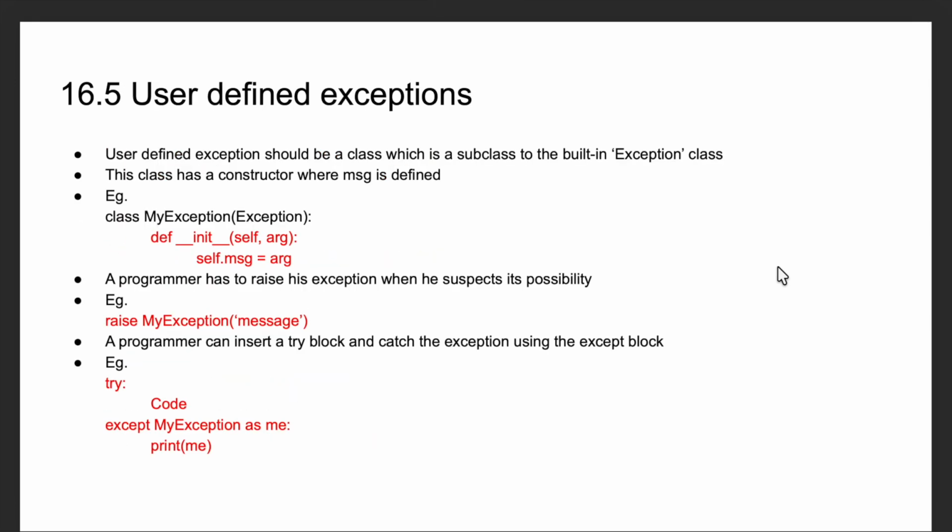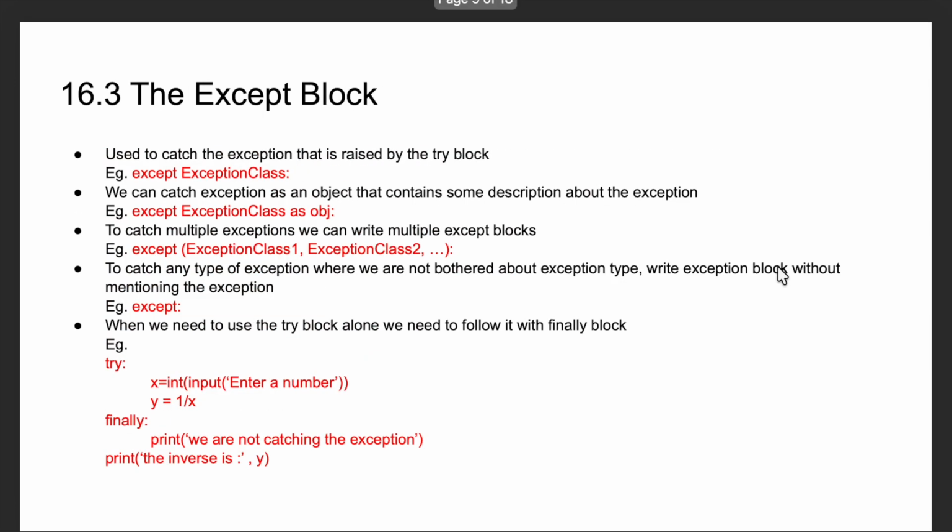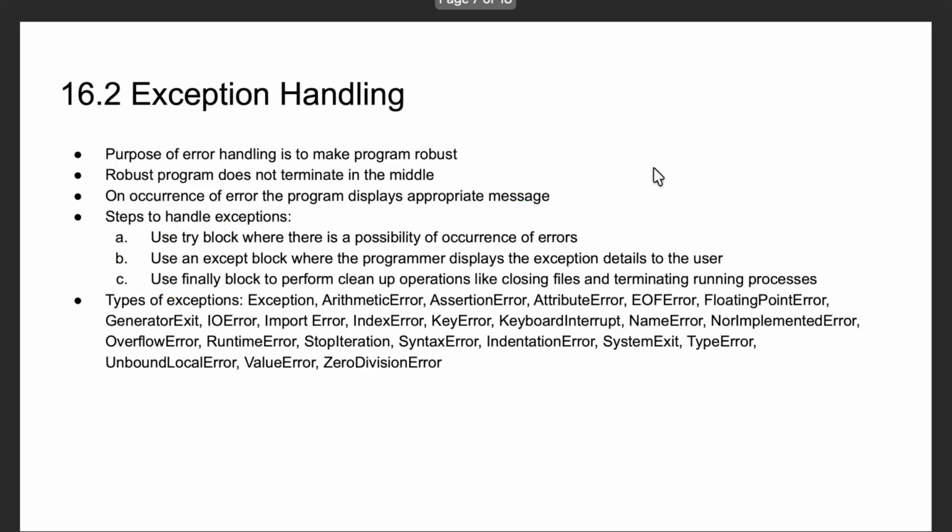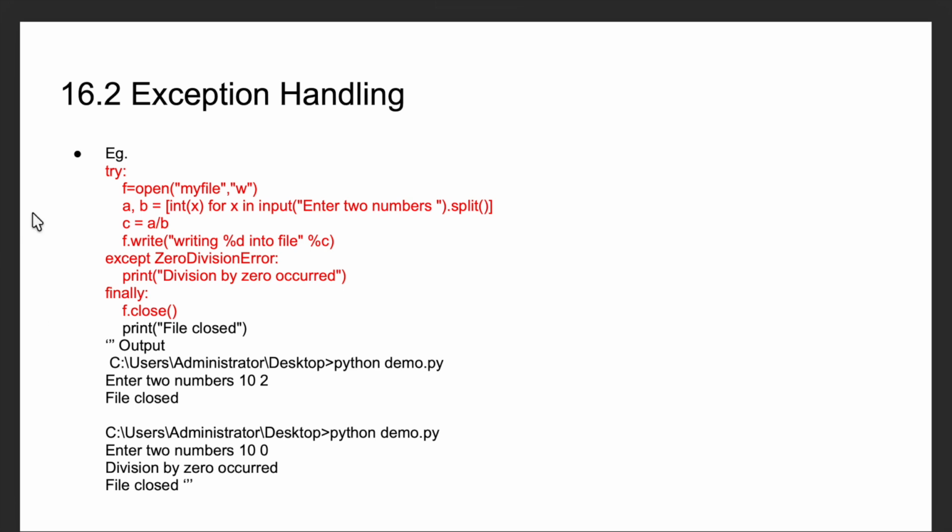Whenever we write exception handling, we write it in a try except block. If you already have knowledge of Java, you might be familiar with the try catch block. Over here, we have the try except block.